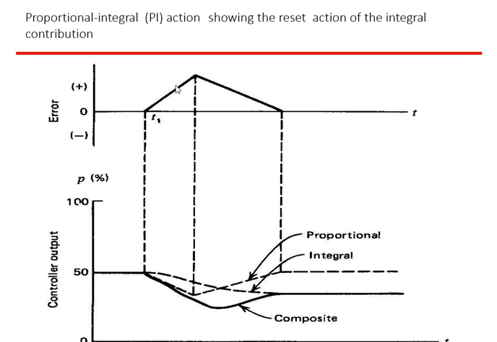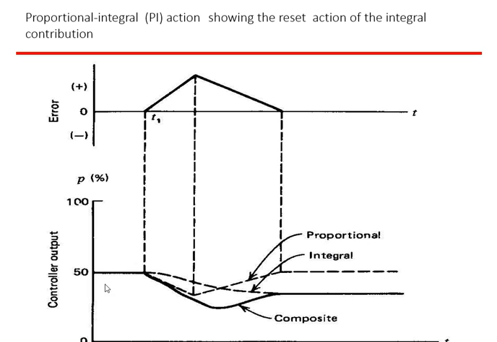So for this type of error, the control action will be something like this. If you take only the proportional response of a control action, it will be like this, dotted, which is shown over here.